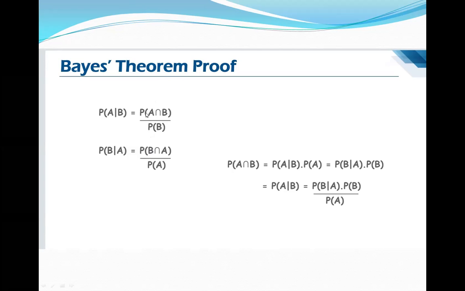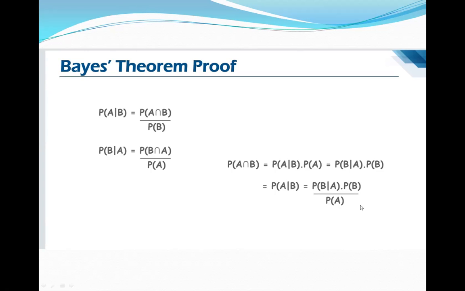The probability of A intersection B is equal to the probability of B intersection A. From equation 1 and equation 2, I find the probability of A intersection B as well as the probability of B intersection A. The probability of A intersection B I can write as the probability of A given B multiplied with the probability of B. Similarly, I write the probability of B given A multiplied with the probability of A, and equate these 2 equations.